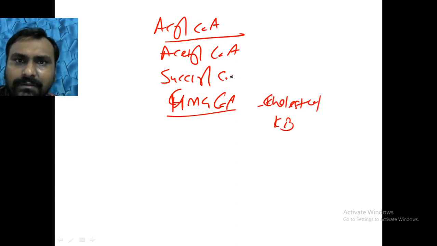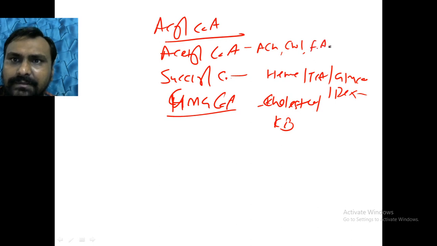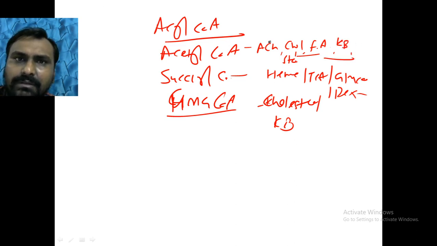Succinyl CoA in the heme synthesis or TCA cycle or gluconeogenesis or detoxification. Okay, acetyl CoA for the acetylcholine formation, for the cholesterol, for the fatty acid synthesis. From cholesterol, steroids can also be formed, ketone bodies can also form. So all these are the uses of acetyl CoA.